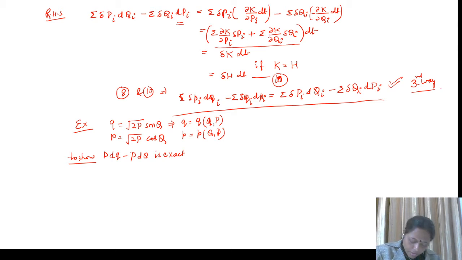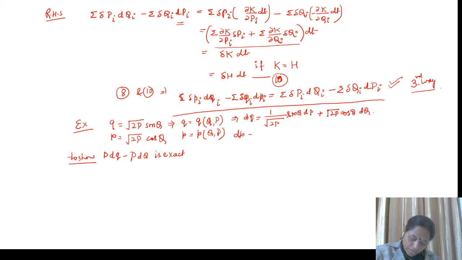Here, what is dq? You can get its value. dq means derivative of q. So dq will be, first you differentiate with respect to P, 1 upon root 2P sine Q dP, and then root twice P cos Q dQ.